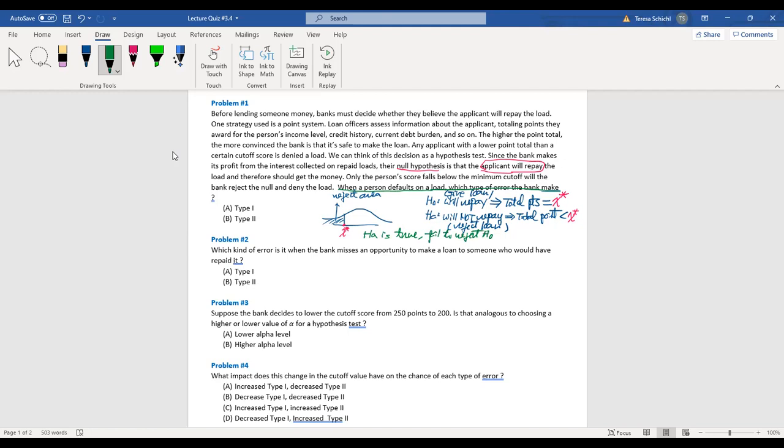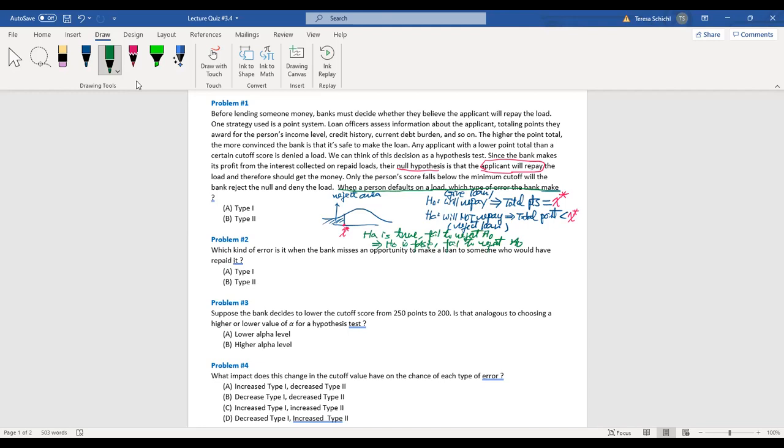So HA is true and we fail to reject H0. HA is true, that means H0 is false, and then I fail to reject. So when H0 is false, I fail to reject. That means they really cannot pay, but I let them have the money, right?